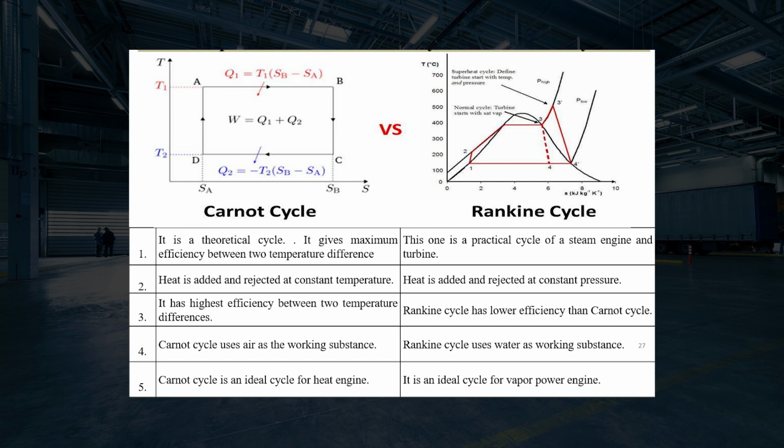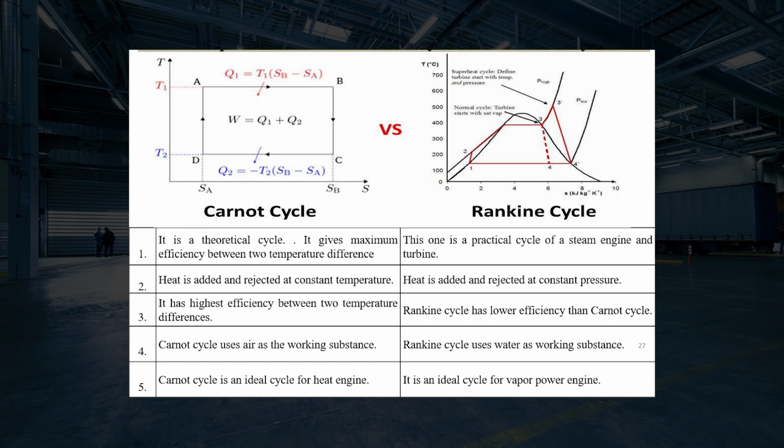In case of Carnot cycle, heat is added and rejected at constant temperature, whereas in case of Rankine cycle, heat is added and rejected at constant pressure. Carnot cycle has the highest efficiency between two temperature limits, whereas Rankine cycle has lower efficiency than Carnot cycle.